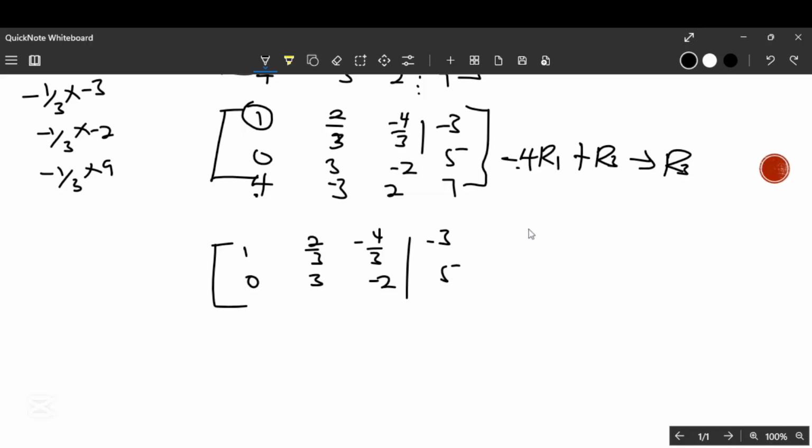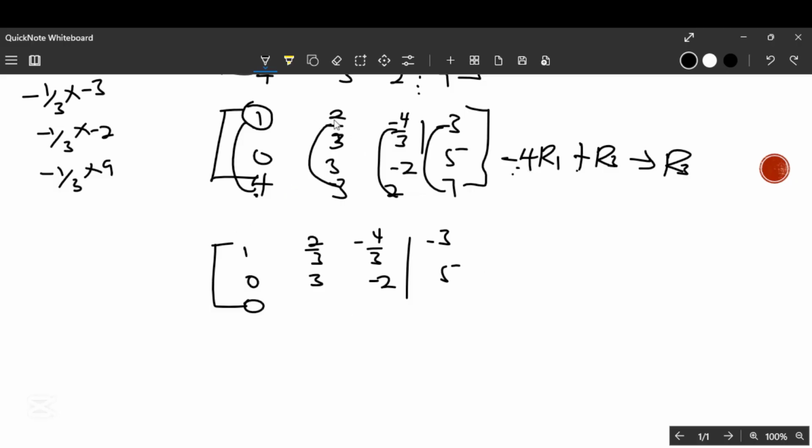As I said earlier, negative 4 of all the row 1 elements, plus the corresponding elements of row 3. Negative 4 times 1 is negative 4, plus 4 gives us 0.